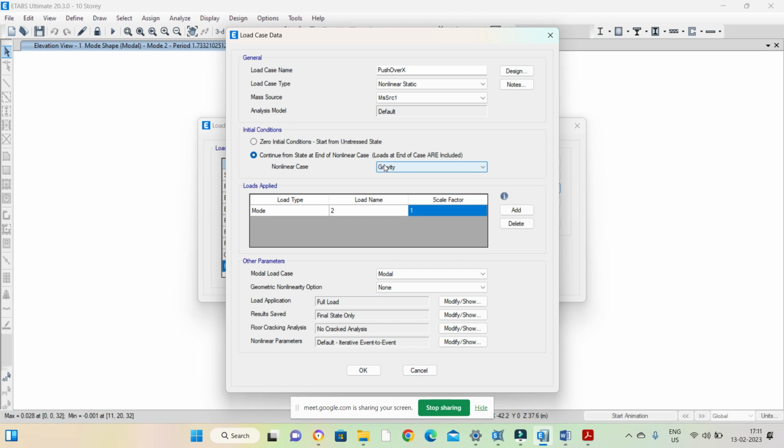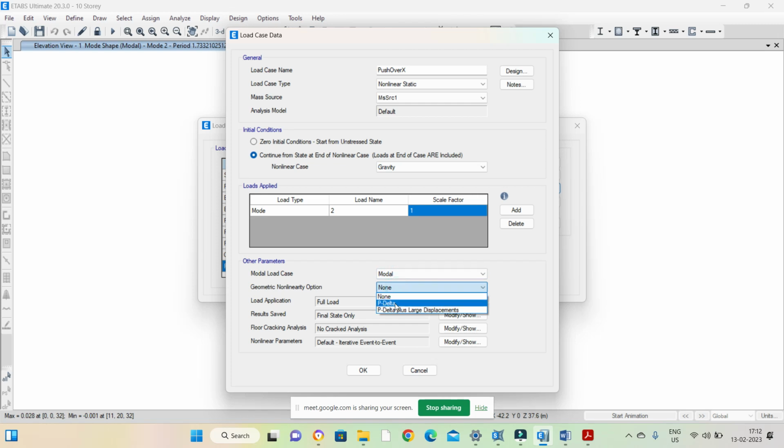For example, because of the gravity load the structure deformed by 2 mm, let's say. So when you run the pushover analysis, the structure will not start from the zero condition, it will start from the 2 mm deformation which occurred under the gravity load. This is the meaning of starting from the end of that analysis for pushover.